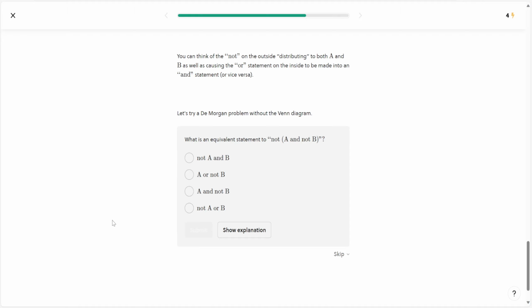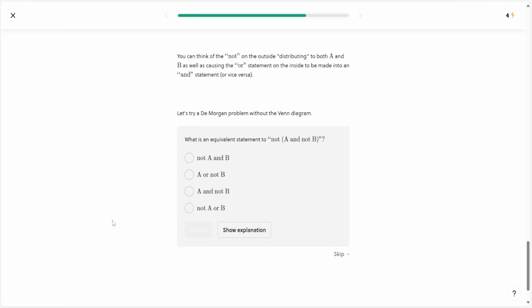So I need to take away the bracket, change the and to an or, and add a not, but it's already got a not. So you end up with not A or not B.